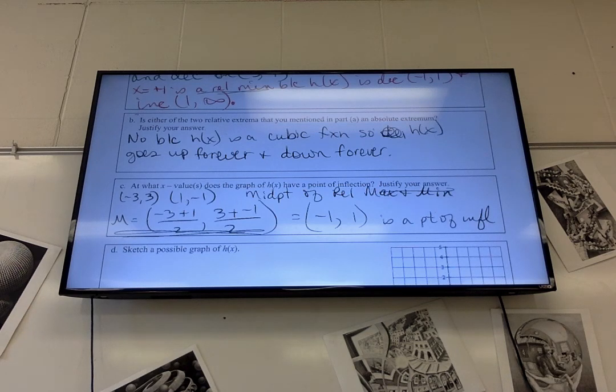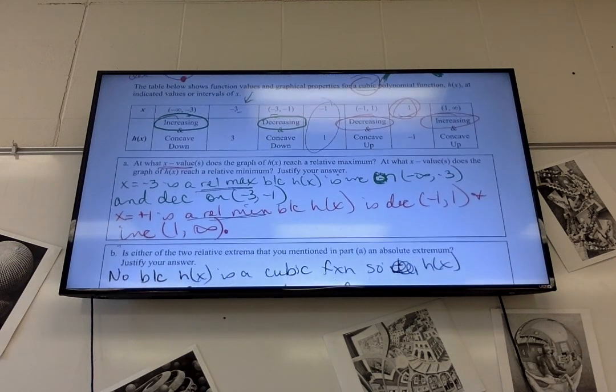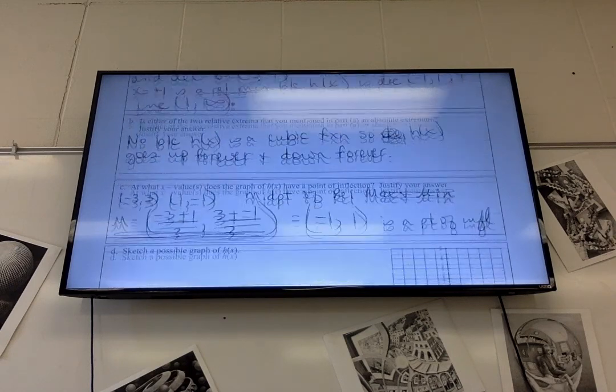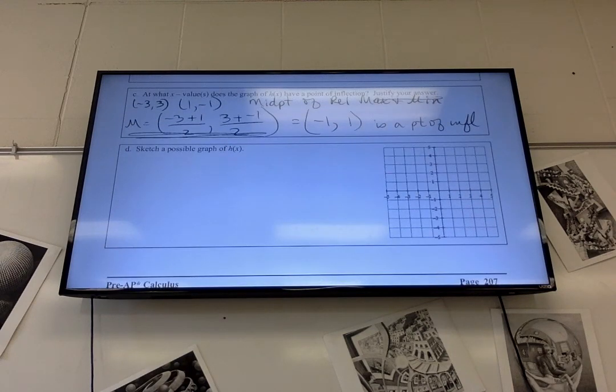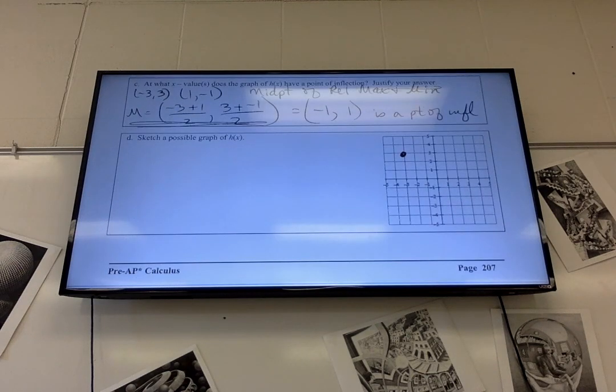And now we're going to sketch a possible graph. All right. So I have the point -3, 3. I have the point 1, -1. Those are maxes and mins. At -1, 1, that's where it's going to change concavity.